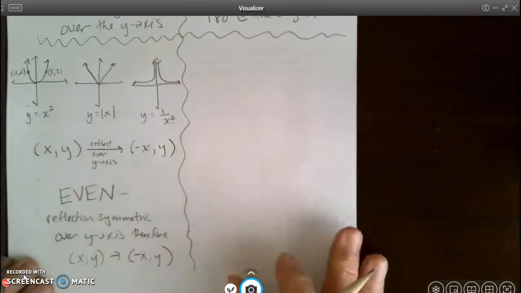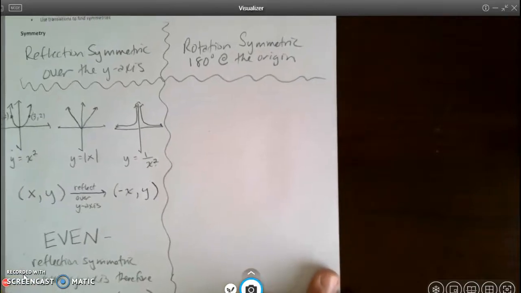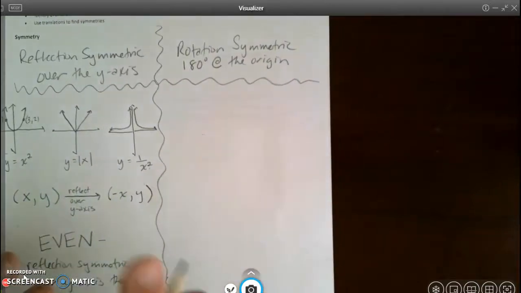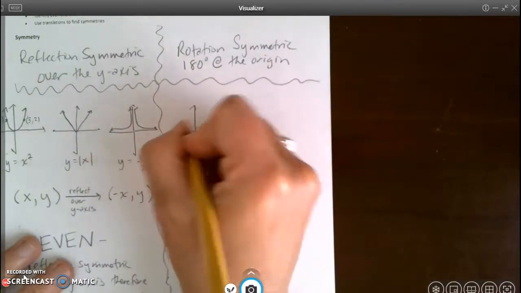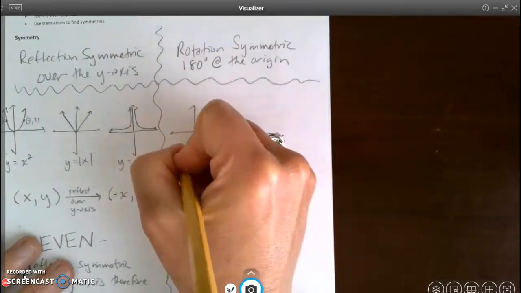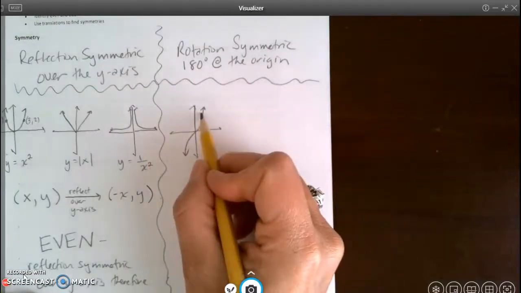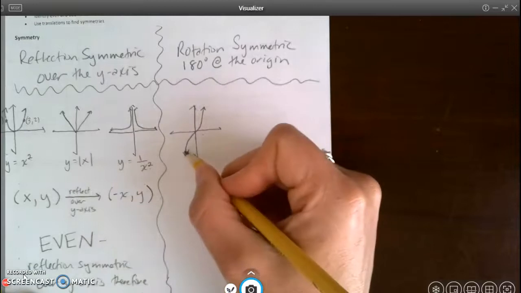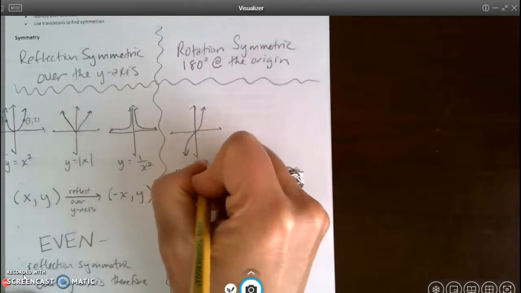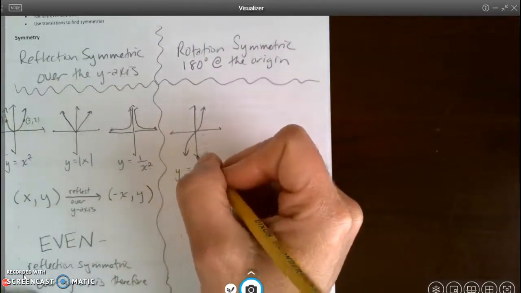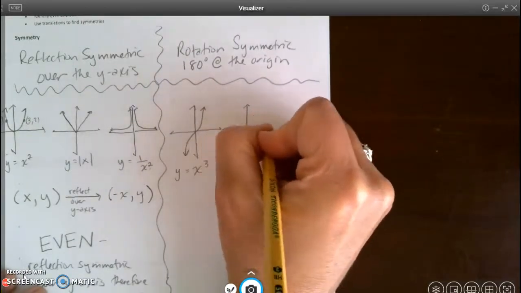Right, so now we're going to look at the other types of parent functions that are rotation symmetric 180 degrees around the origin. I've got my cubic graph. If I was to rotate this 180 degrees either direction around the origin, this piece would come down and fit here, this piece would move up there, and it would look like I never moved the graph. Another one, the very first function that you ever learned about, the linear function.